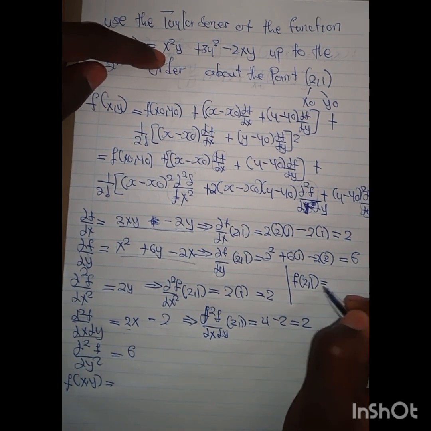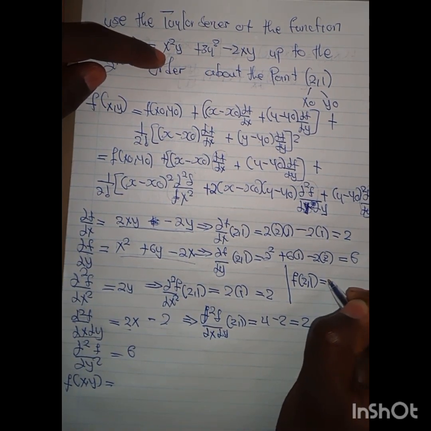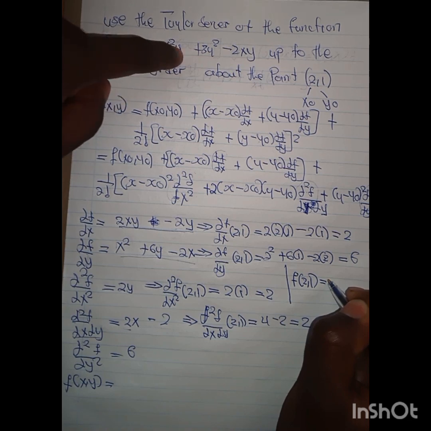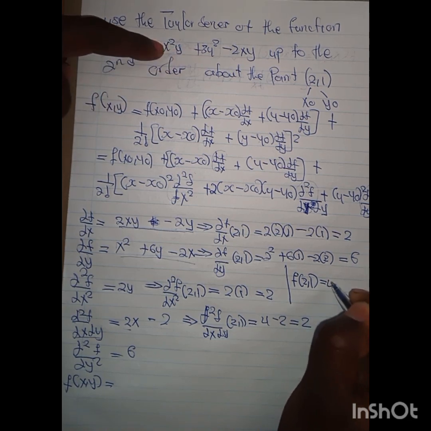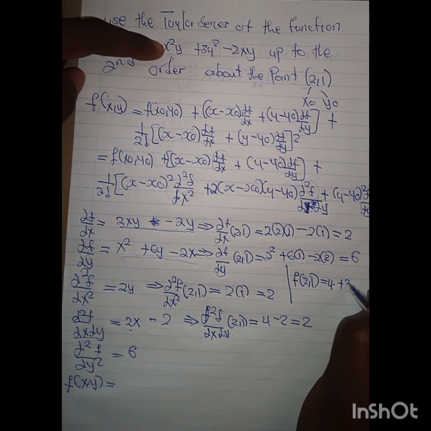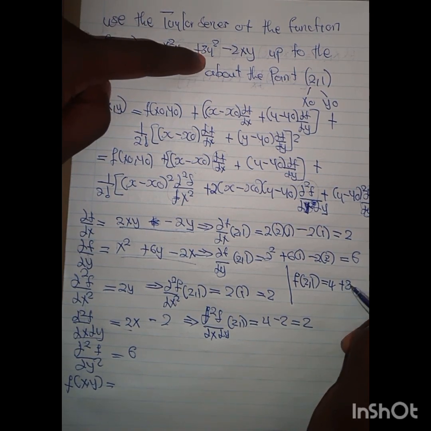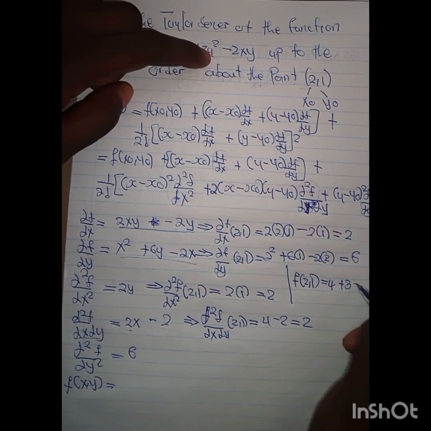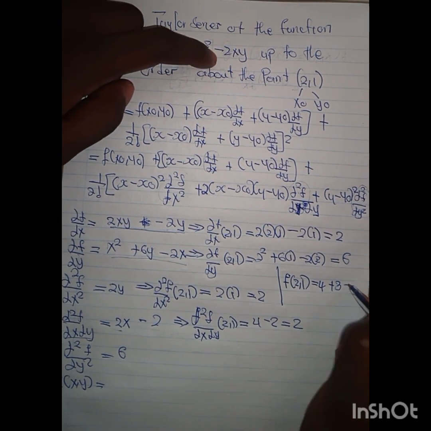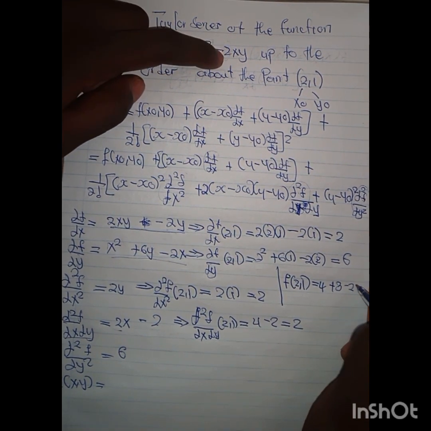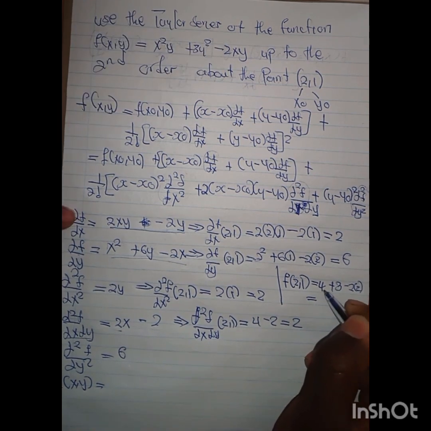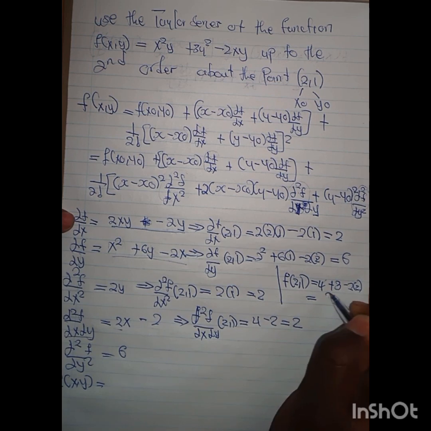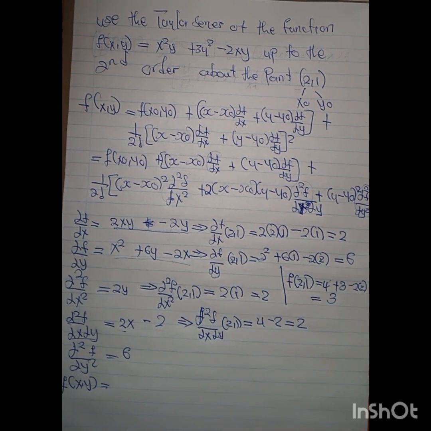So we have x as 2, 2 squared is a 4, 4 times 1, because y is a 1, so we have a 4, plus 3 times 1 squared, y is a 1, so we have a 3, minus 2 times x is a 2, y is a 1. And then we have 4 minus 4, and then the answer is a 3.